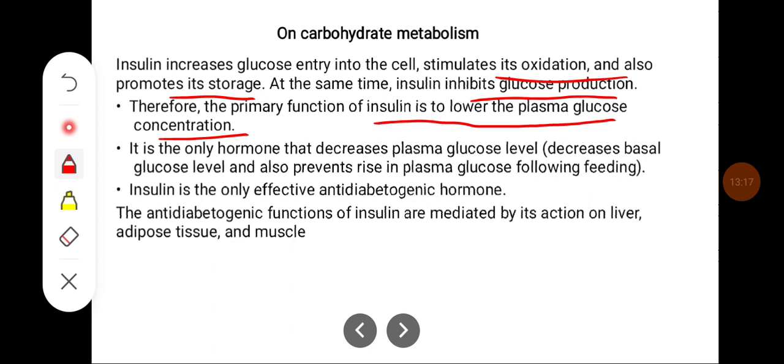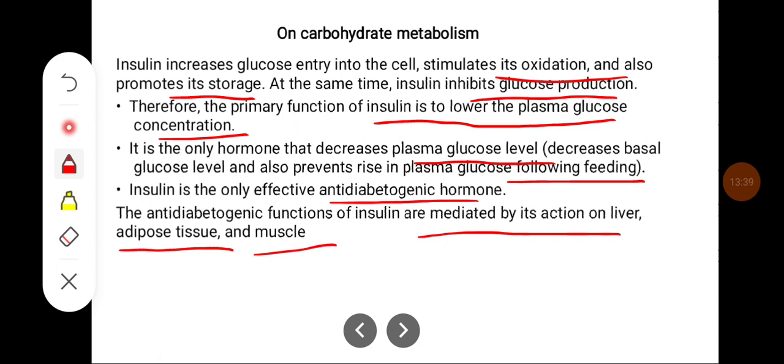It is the only hormone that decreases plasma glucose level. That is, it decreases the basal glucose level and also prevents rise in plasma glucose following feeding. Insulin is the only effective antidiabetogenic hormone. The antidiabetogenic functions of insulin are mediated by its action on liver, adipose tissue, and muscle.